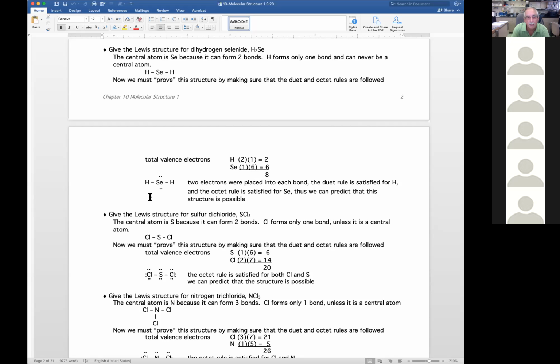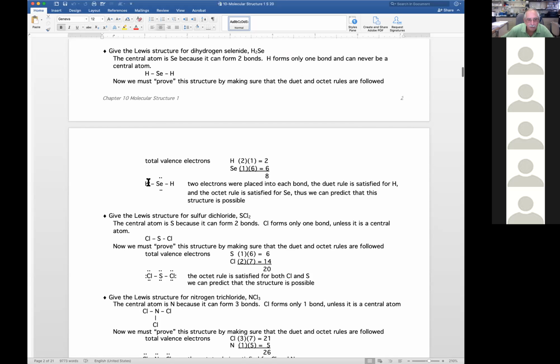Then to the outer atoms. But the outer atoms, in this case, are already happy. There's 2 electrons in that covalent bond, right? So the hydrogen, as far as it's concerned, has 2 electrons around it, pretending to be 1s2. So now that the outer atoms are happy, I look at the central atom.